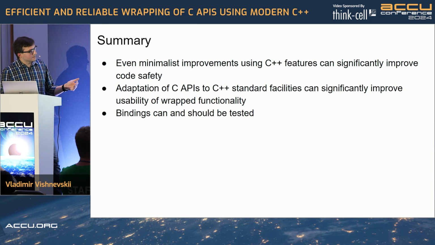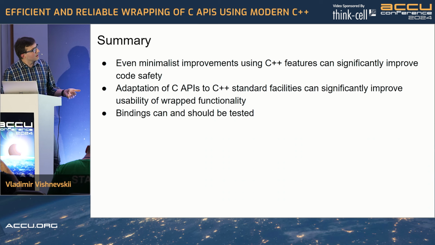Also, if we can adapt our C API to be used with standard C++ facilities, this is of course also beneficial. That means that there is a high chance that it will be used, and it will be easier to use. It will be much more convenient, and usability will definitely be improved.